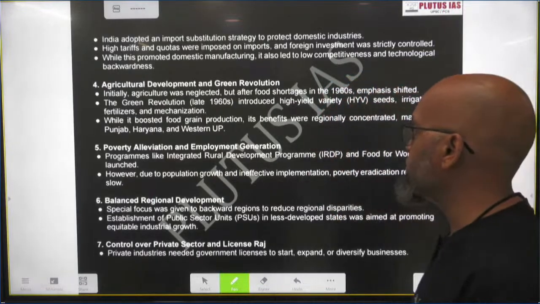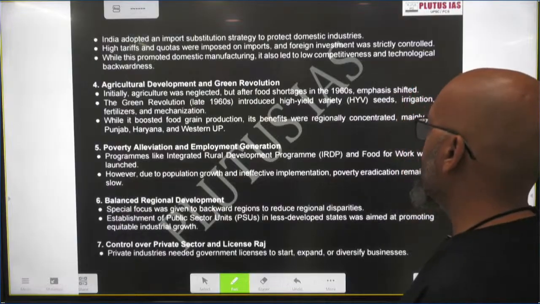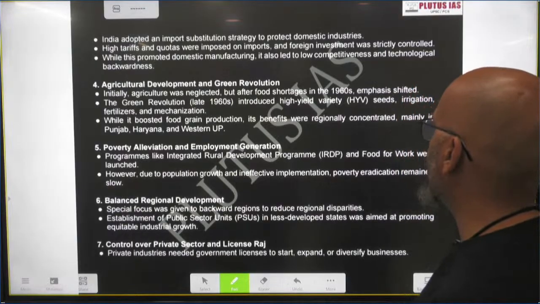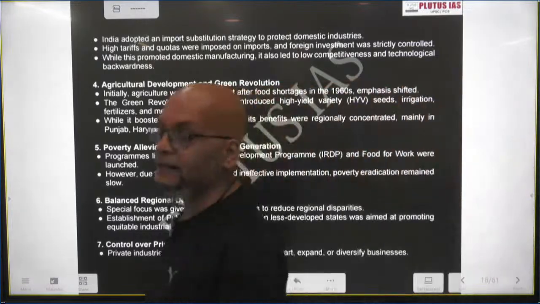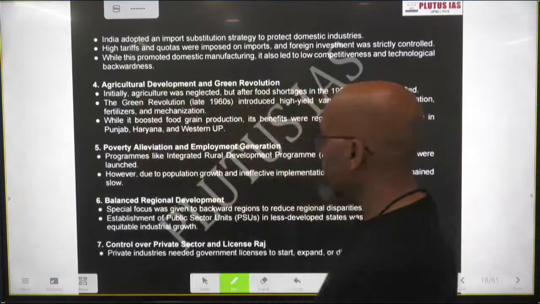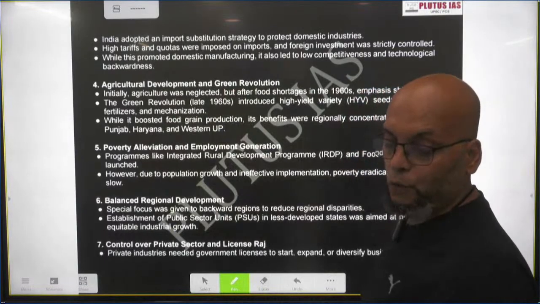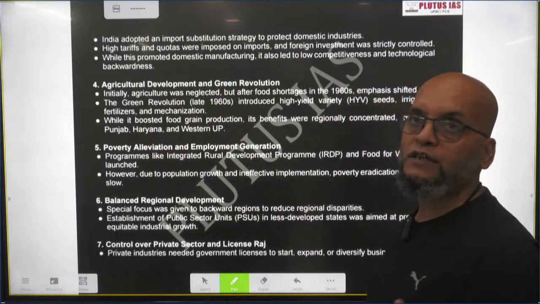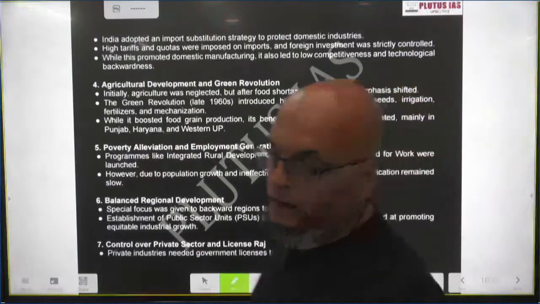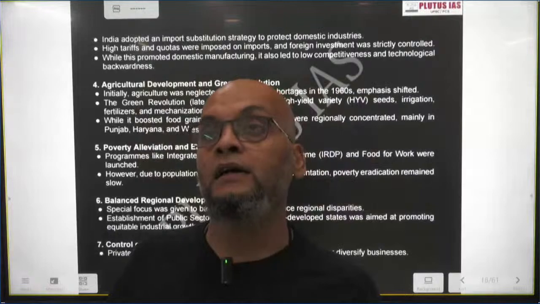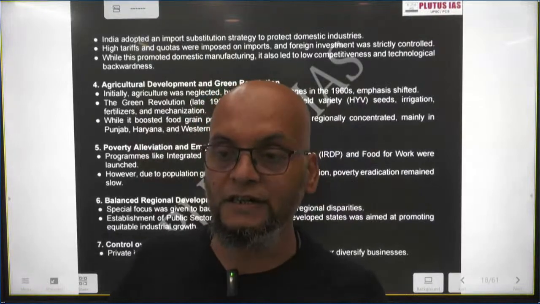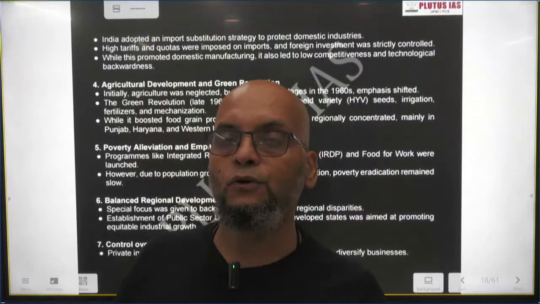While this promoted domestic manufacturing, it also led to low competitiveness and technological backwardness. India lagged in technology due to this. And it was done in order to protect domestic industries, because at that time our domestic industries were not that developed that they could compete with well established international industries. So that's why India followed the policy of protectionism.